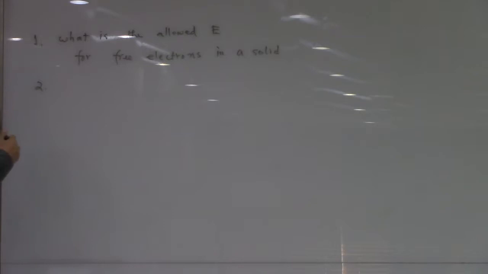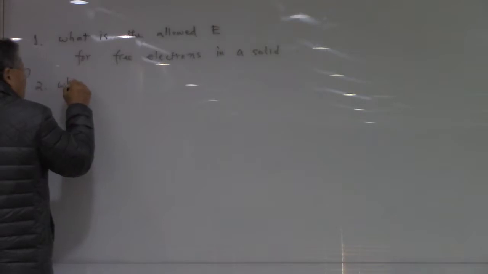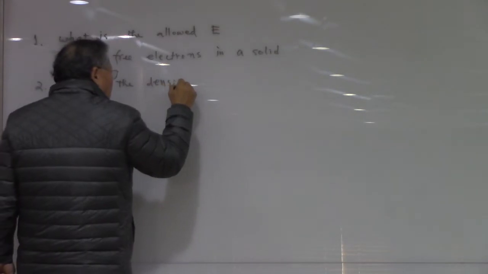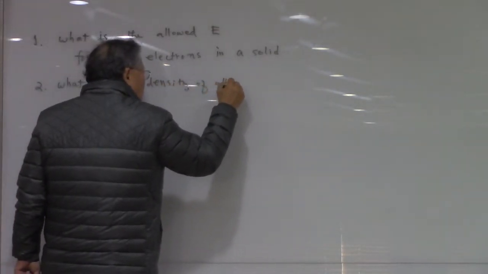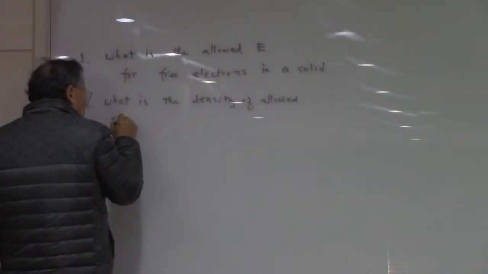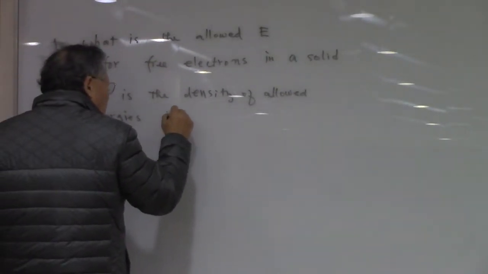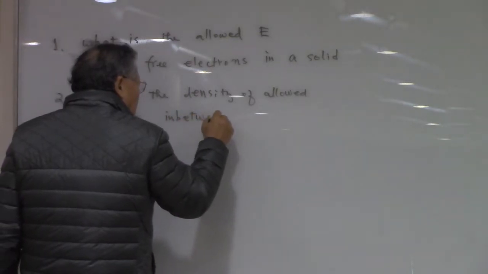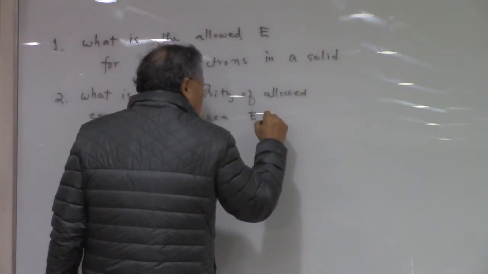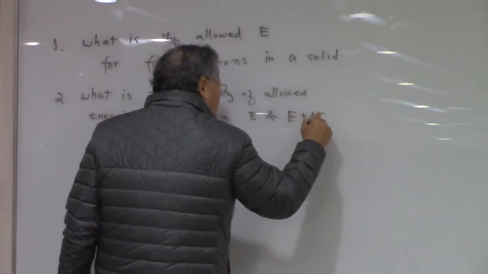And then the second question is, what is the density of allowed energies in between E and E plus delta E?